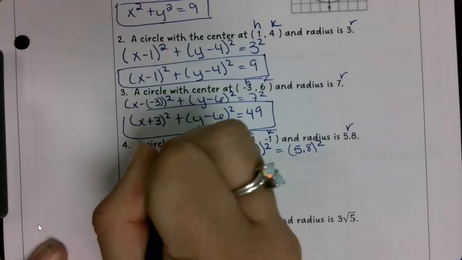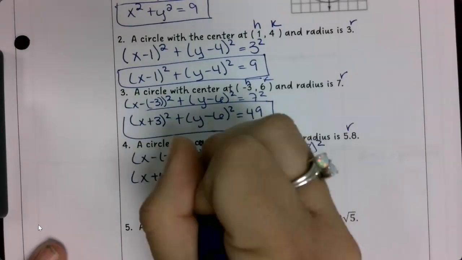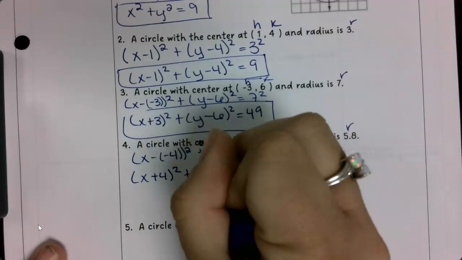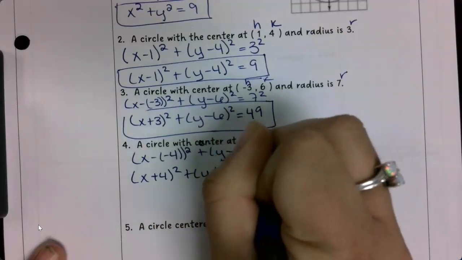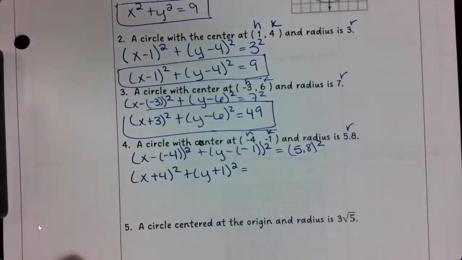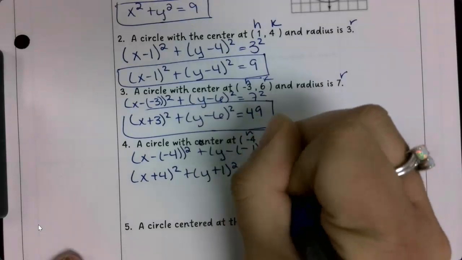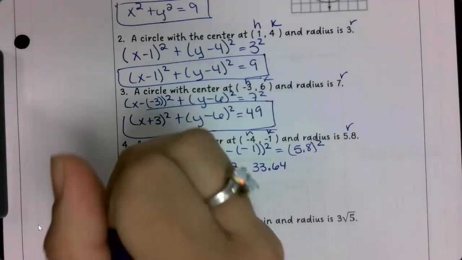So I get rid of my double negatives. And then 5.8 squared is 33.64.